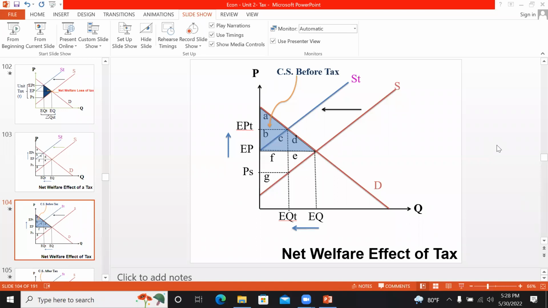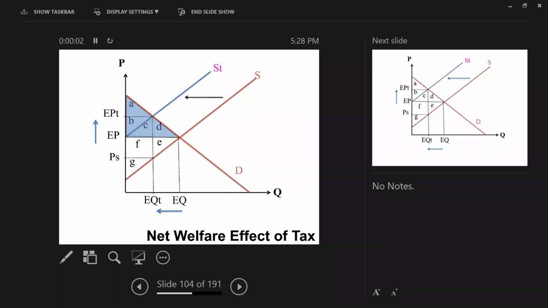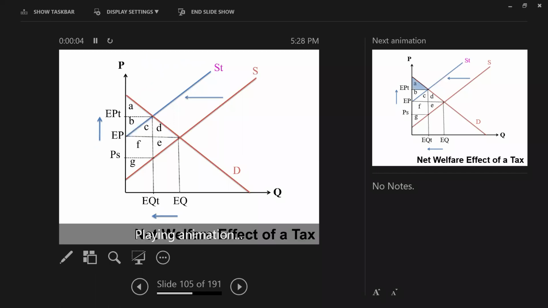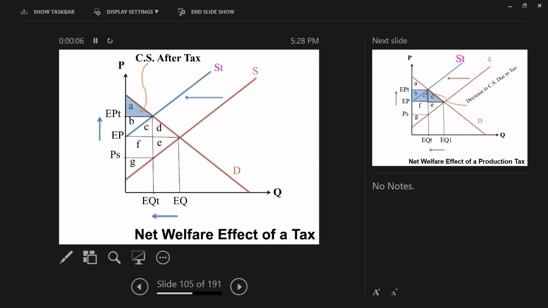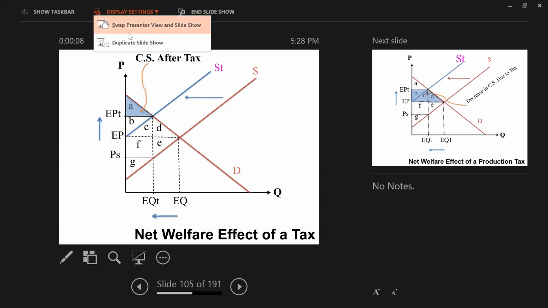I mean, consumer surplus after the tax? Only a part. Only A, yes. After the tax, only A.